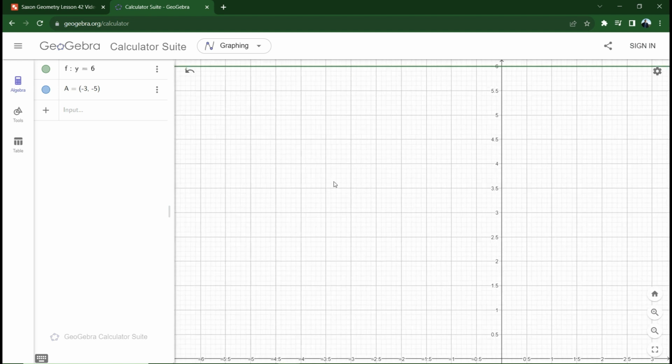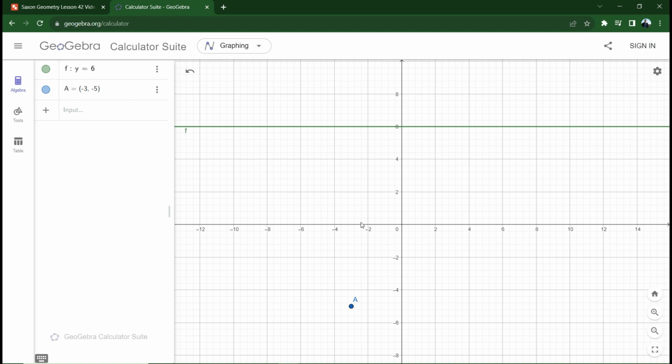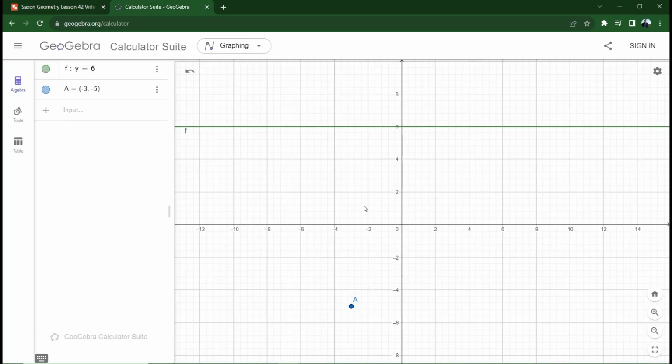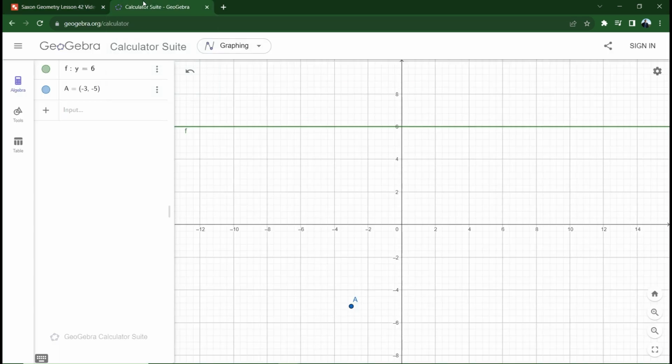If I count straight up from the point to the line, I traverse a distance of 11, and that should be my answer because the perpendicular line between this horizontal line and this point has to be vertical. So I'm just counting straight up on my XY coordinate because the Y coordinates go straight up. So let's see if 11 is the correct answer here. Yes, it is. Now, what if instead I had the line x equals 9?